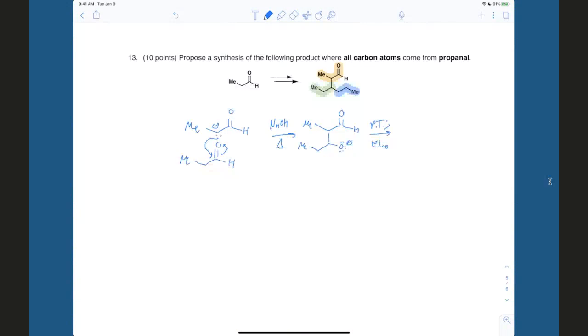On a mechanism in a test, you should be drawing out the E1CB deprotonation steps, of course. I'm just doing this for the sake of time so we can get to the presumed last step that we are interested in.